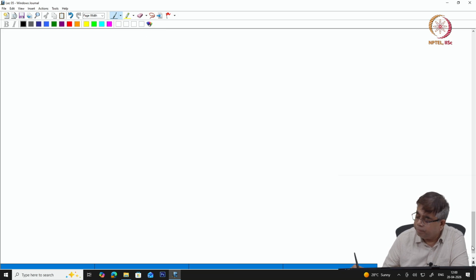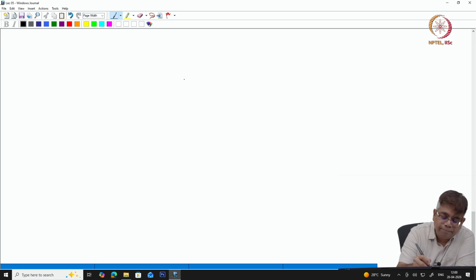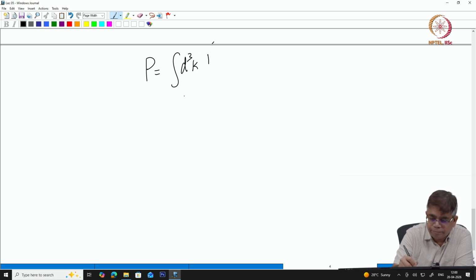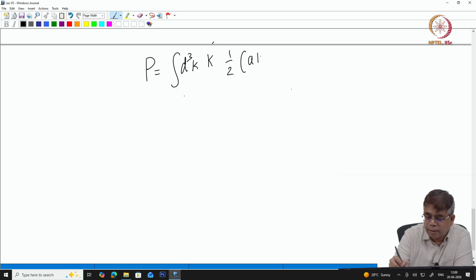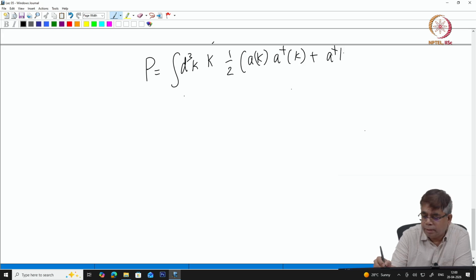You can also do the momentum operator. This is nothing but the integral d cubed k of 1 by 2 k times (A k A dagger k plus A dagger k A k).